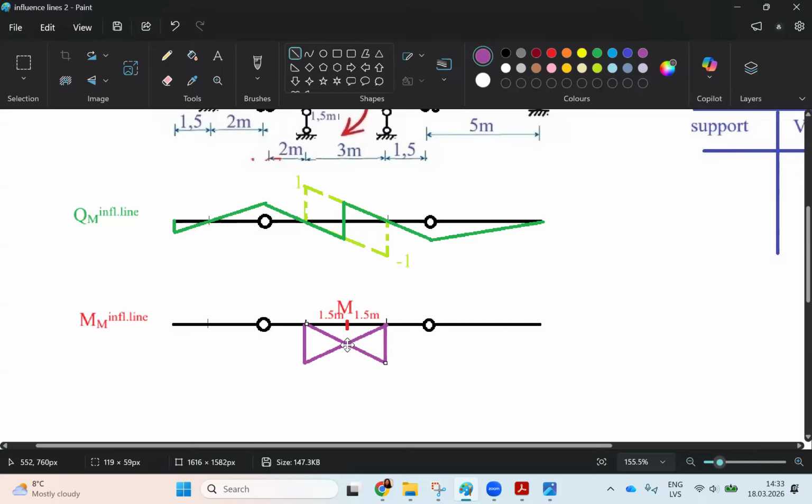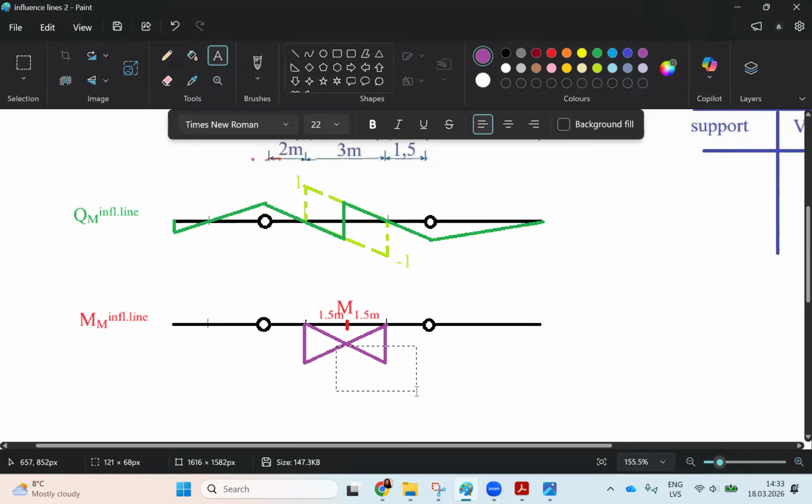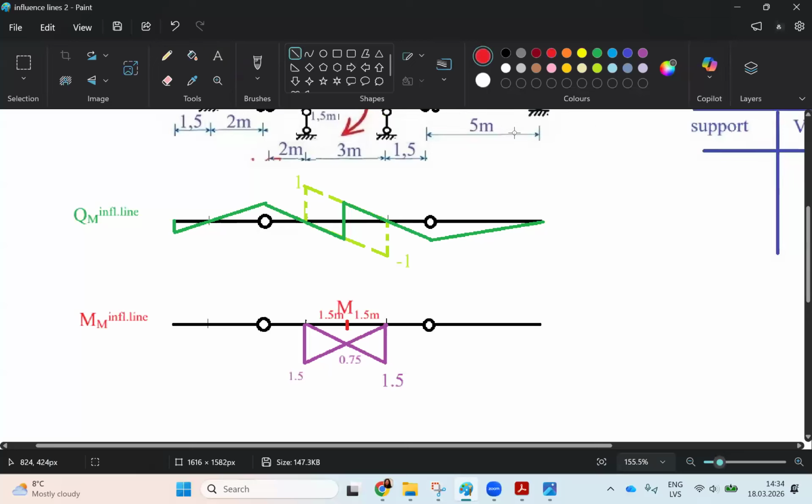And the intersection should be right under the point M. The middle point, because we know that's 1.5 and this is 1.5, so in the middle it will be half of it, 0.75. These are dashed lines. The solid line is the triangle that lies close to the beam.